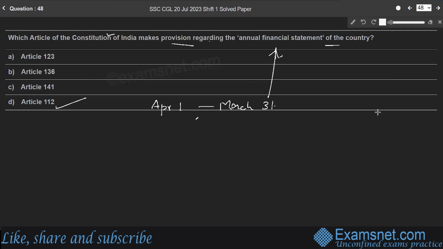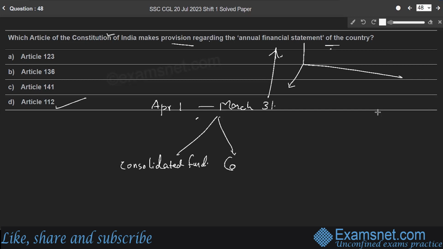So this annual financial statement is divided into three parts. I'll write here: consolidated fund, contingency fund, and finally public account.